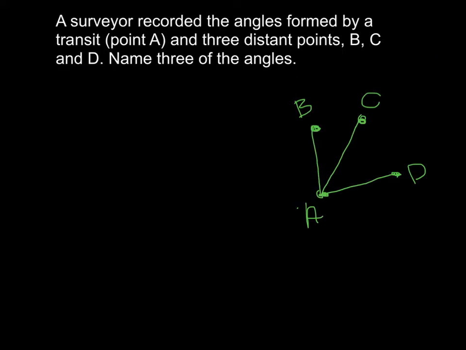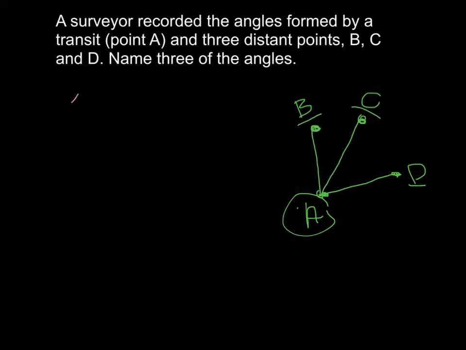So here's your first example. A surveyor recorded the angles formed by a transit, which is point A right here, and 3 distinct points B, C, and D. So what I want you to do is name 3 of the angles. Now there's a couple different answers for this. So what I want you to do is pause this recording and actually write out the possible names.